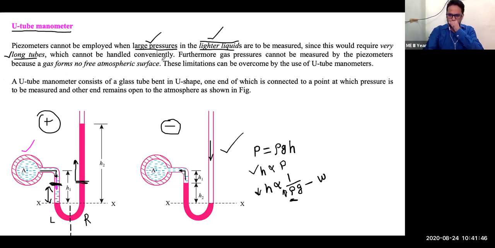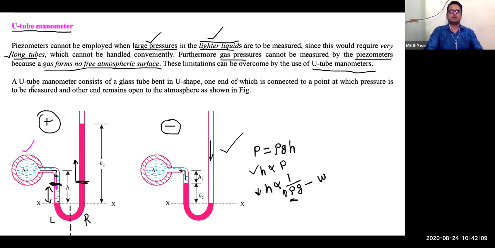Furthermore, gas pressures cannot be measured by a piezometer because gas forms no free atmospheric surface. I discussed these things in the previous slide. These are the limitations that can be overcome using a U-tube manometer.